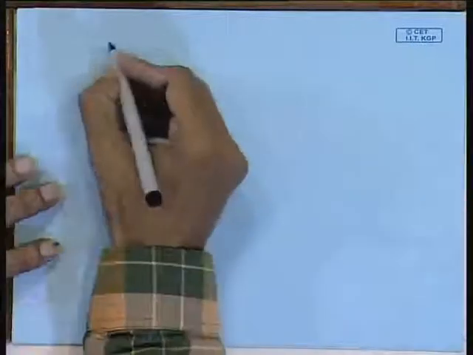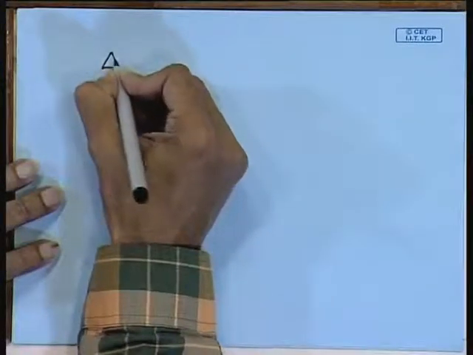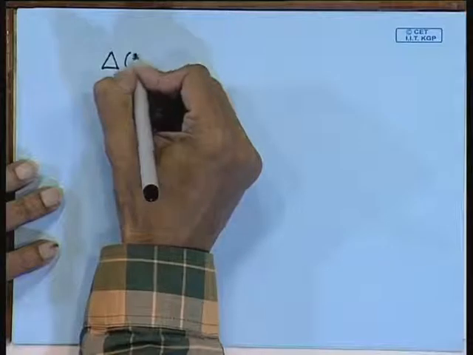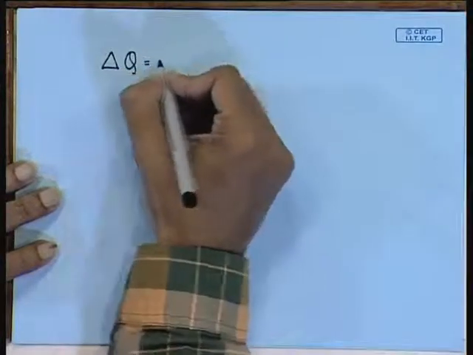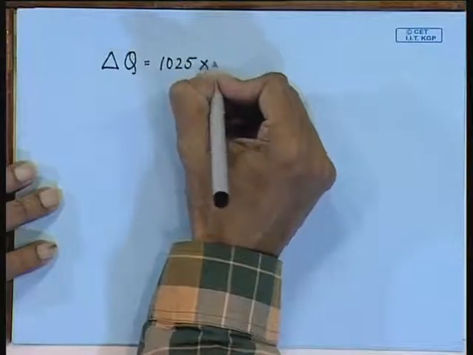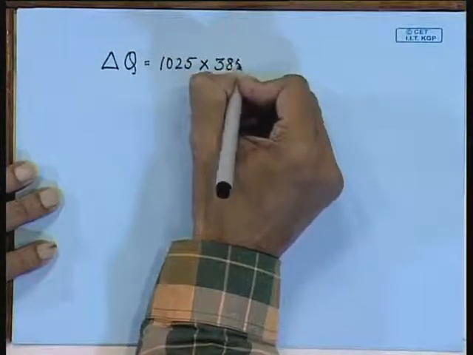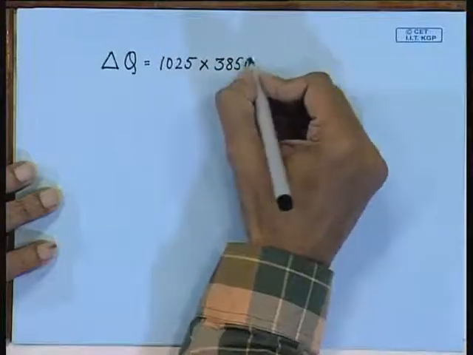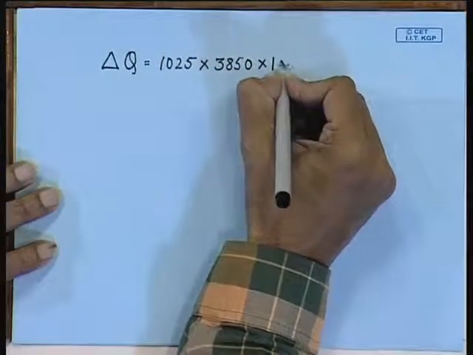So delta Q, if you calculate this heat flux, it is coming as 1025 into 3850. This is multiplied by 1.